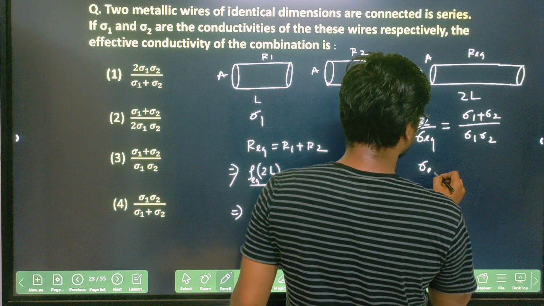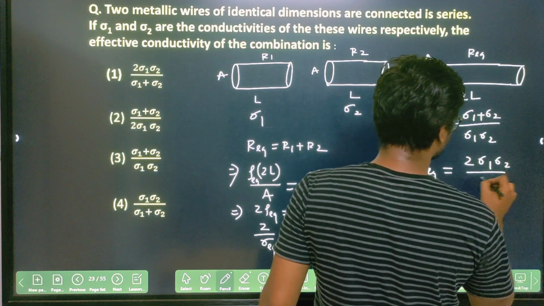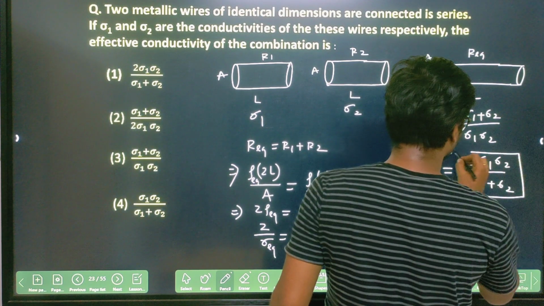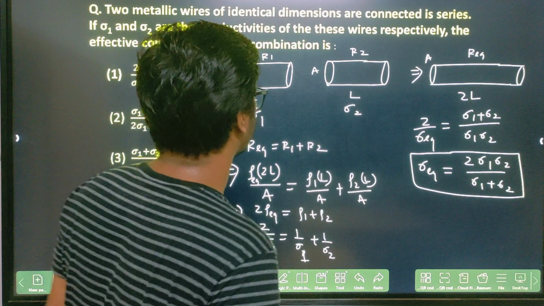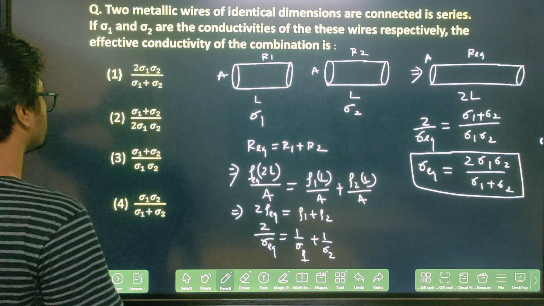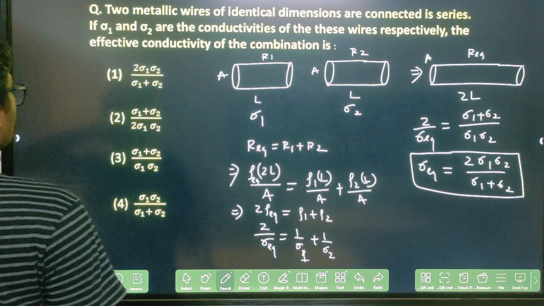So sigma equivalent is basically 2 sigma 1 sigma 2 divided by sigma 1 plus sigma 2. So this will be your equivalent conductivity, right? So you see which option it is matching, 2 sigma 1 sigma 2 divided by sigma 1 plus sigma 2.